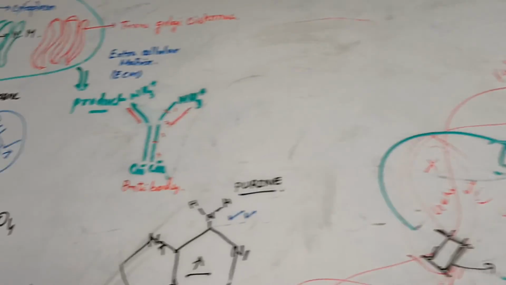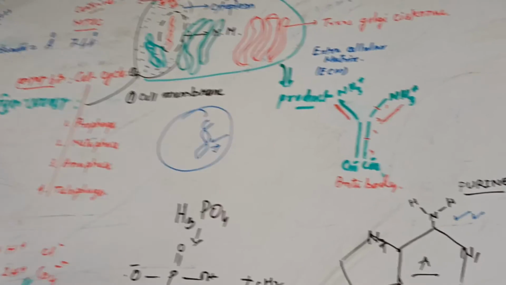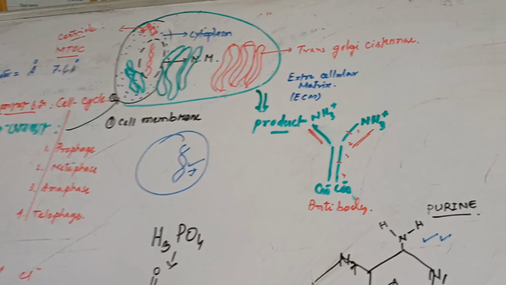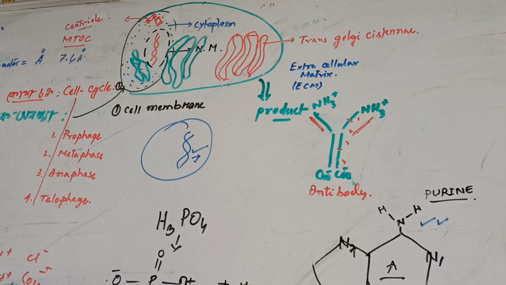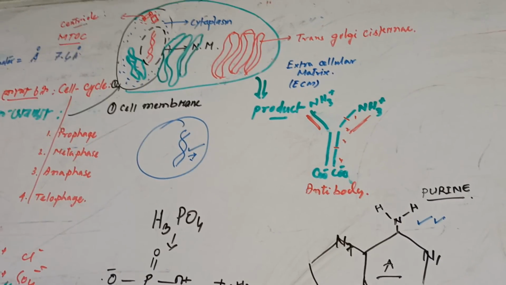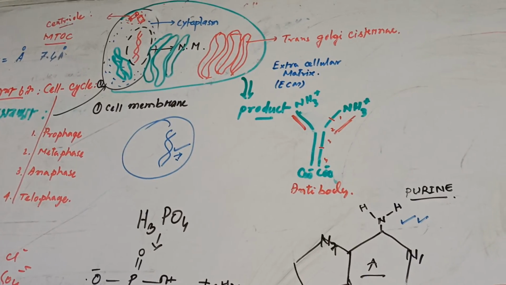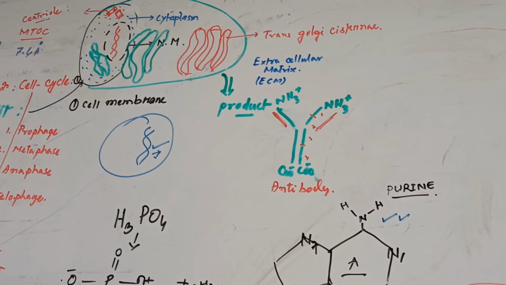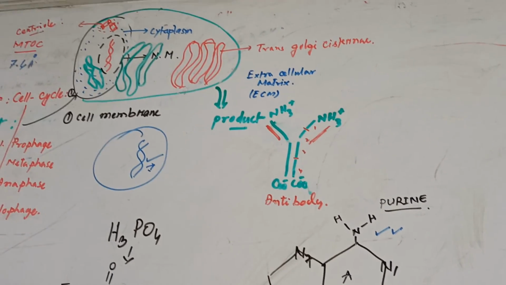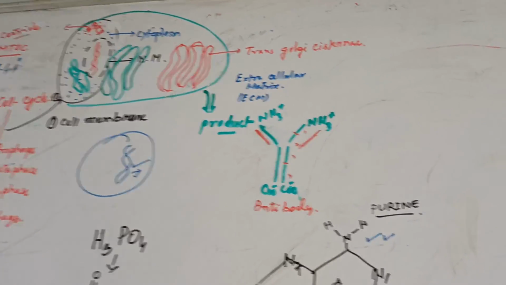So nowadays everyone is working on this topic, how the cells work, how you can isolate the proteins. It's very tedious work, because isolating a particular protein is a difficult task.